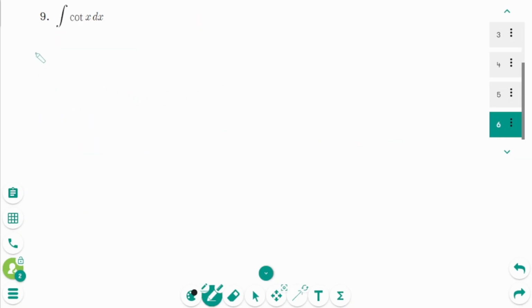Number 9, using the trigonometric identity, we can rewrite as the integral of cosine x over sine x dx. Now use u-substitution. Let u equal sine x, du equals cosine x dx. Let's change all x into u.